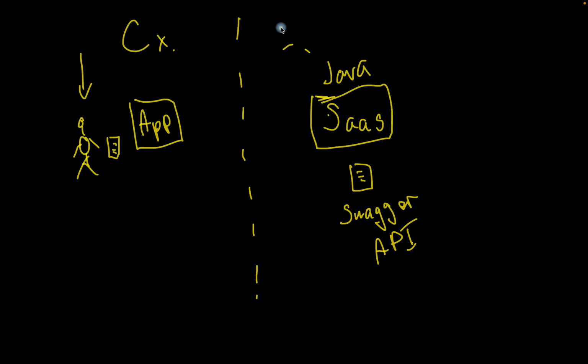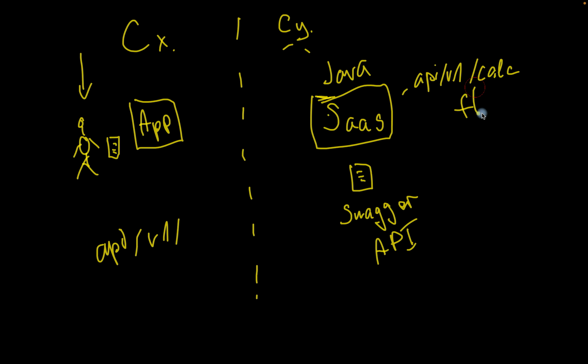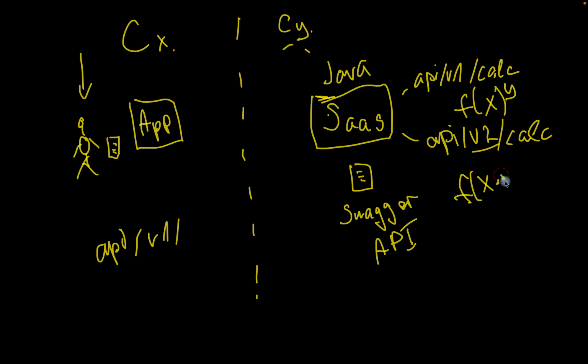This was company X, this was company Y. And for the versioning, why we use V1, for example, because imagine here on API V1 calc we have this functionality, but we upgrade our service and to V2 we expose a new functionality, better functionality, x by n raised to i.